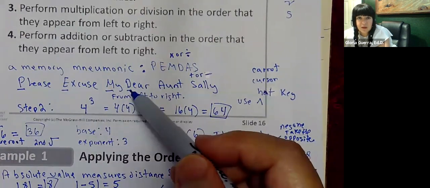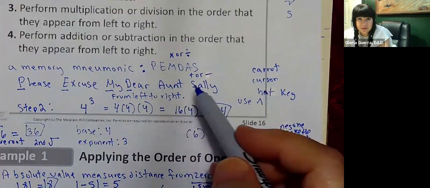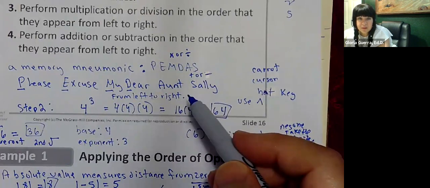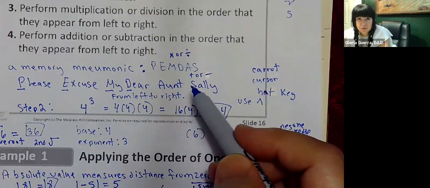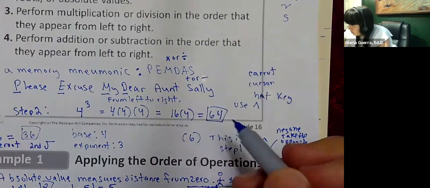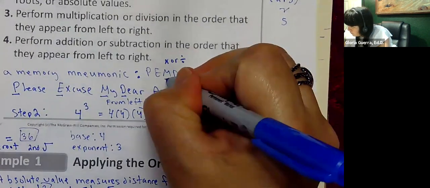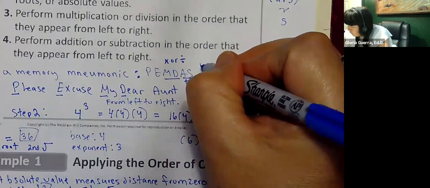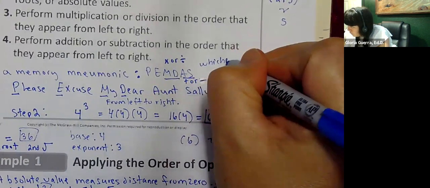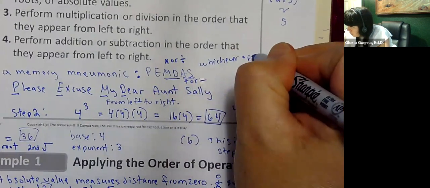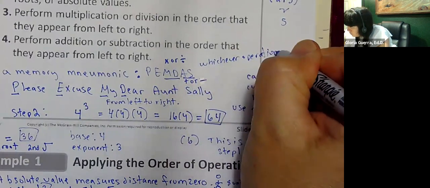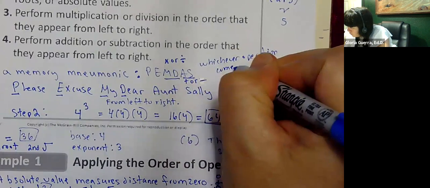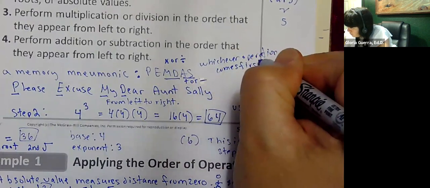And then the last thing is all the adding and subtracting, but you know, whichever comes first. So it's for these two, multiply, divide, and also add, subtract. Those orders, it's whichever operation comes first. So you got to be flexible. Okay.